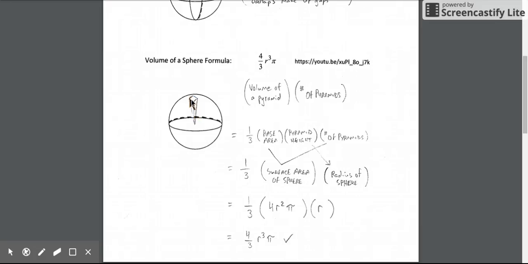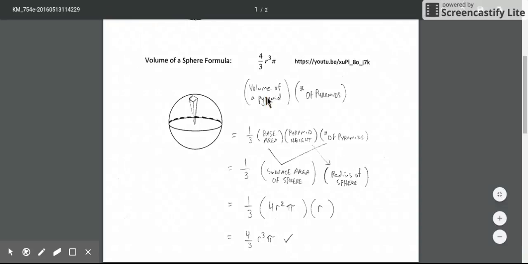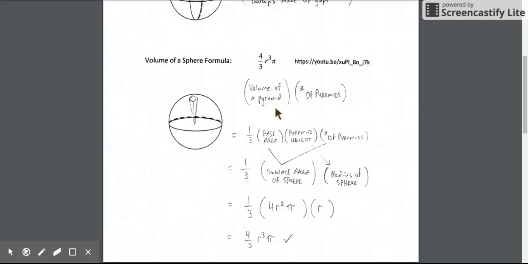So if you have square or rectangular pyramids where the bases are the surface area and the rest of the pyramid fills up the rest of the volume of the sphere, then the volume of a sphere is really very much related to the volume of a pyramid. And so here's kind of how it is. The volume of a sphere could be the volume of a pyramid times the number of pyramids that are used to fill up the sphere.